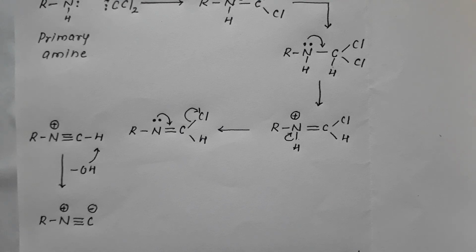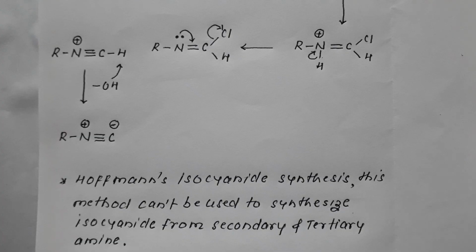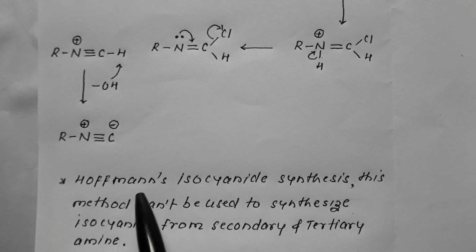So what happens? Any primary amine, when made to react with alcoholic KOH and chloroform, gives bad smelling carbylamine, given by only primary amines. Now remember that this reaction is also termed as Hofmann's isocyanide synthesis. This carbylamine test is also known as Hofmann's isocyanide synthesis.